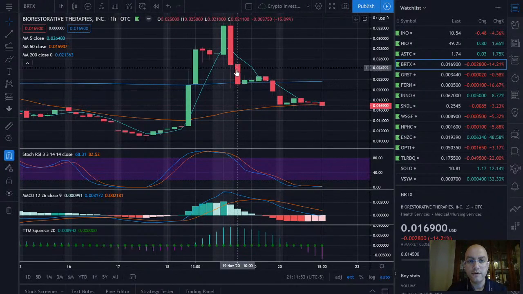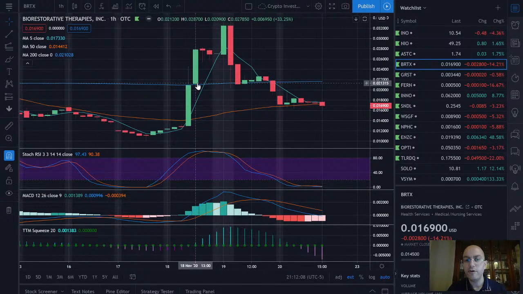This is a marubozu. The marubozu, when it's red, is a very bearish signal. If it was green, so if it was this without the wicks, it would be a very bullish signal.